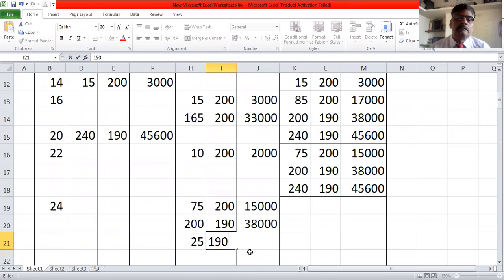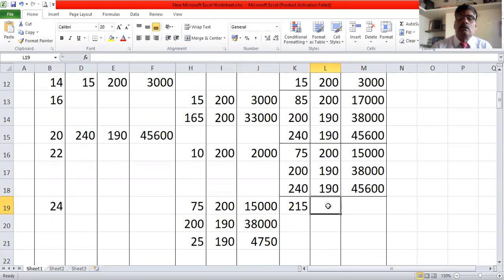4,750 is the amount. Now balance available is 215 from the last lot, at the rate of 190.